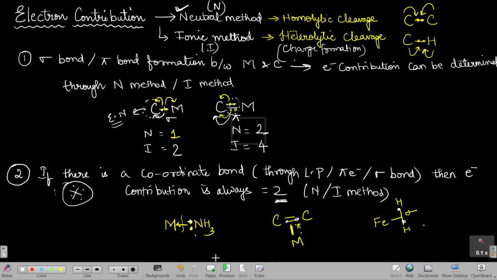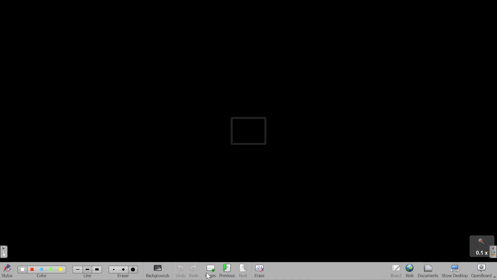And one more thing that you need to remember is why neutral method is more preferred than ionic method. Say for example, we saw such examples in the last part, wherein if you have a bond like this, we saw that we need to use the aromaticity rule to find out the formal charge here, right?